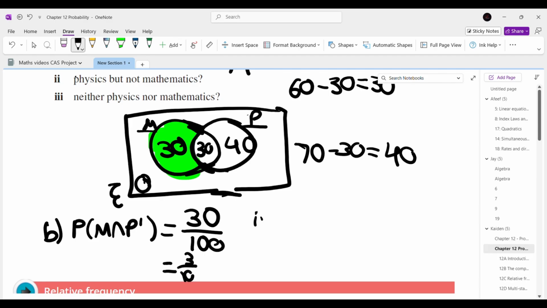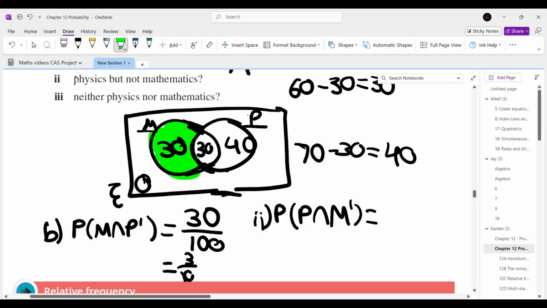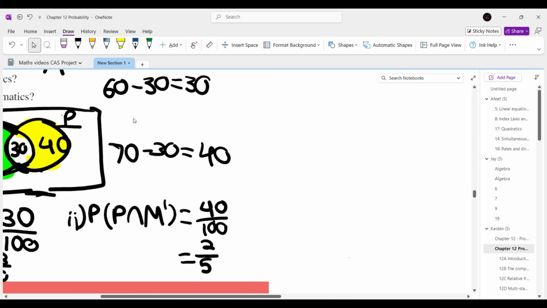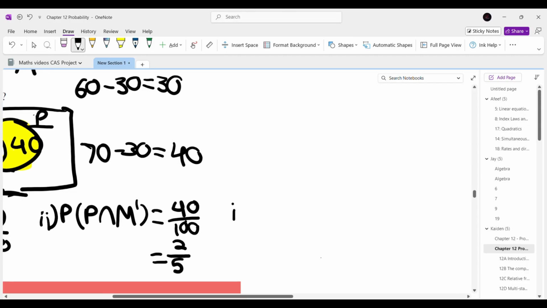Then over here, the probability of physics and not mathematics is just equal to this shaded area right here, physics and not mathematics. So it's 40 over 100, and this simplifies down to 2/5. And finally, question 3, not physics.